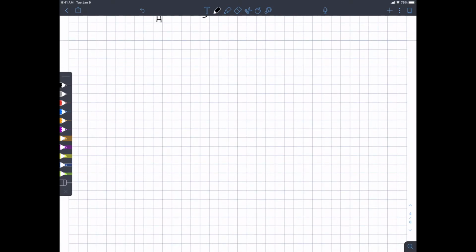So I want you to notice something, and we'll call this that epoxide opening is stereospecific. That means that the stereochemistry of the starting material determines the stereochemistry of the product. So let's look at two different epoxides.